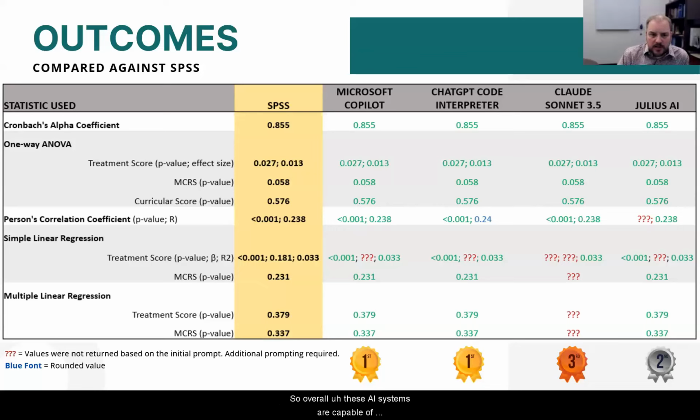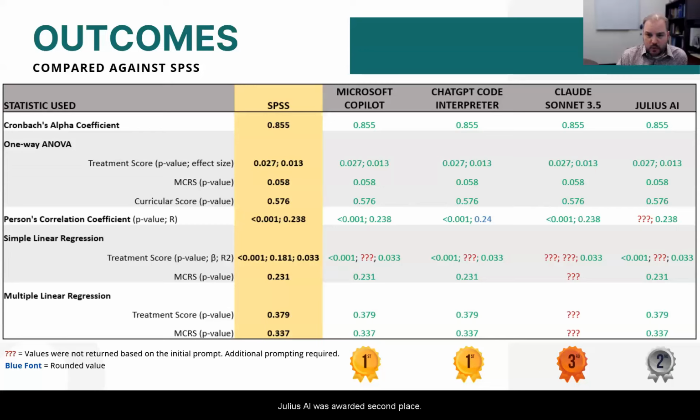So overall, these AI systems are capable of generating accurate outputs for both univariate and multivariate statistics. And as you can see from the screen here, based on the amount of green in each column, Microsoft Copilot and ChatGPT Code Interpreter performed identically, and they returned the highest number of accurate values without additional prompting.